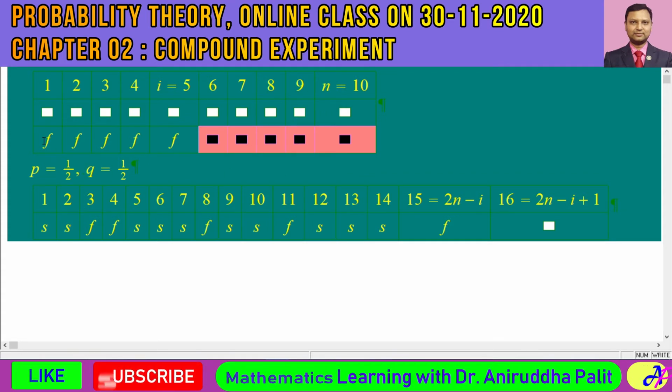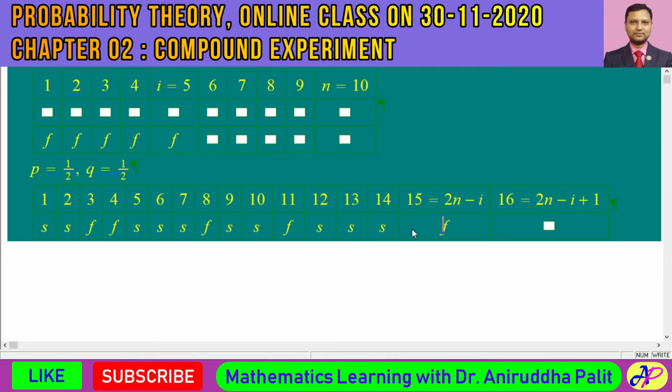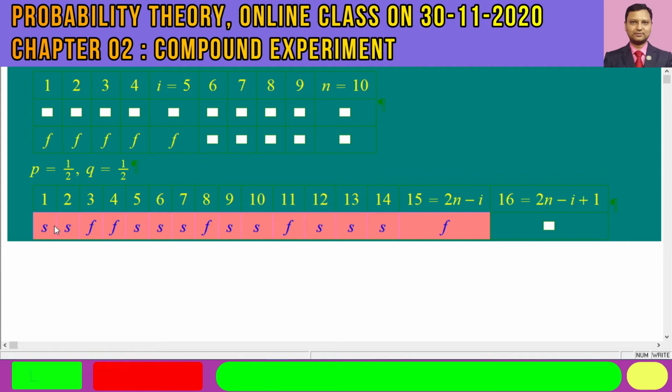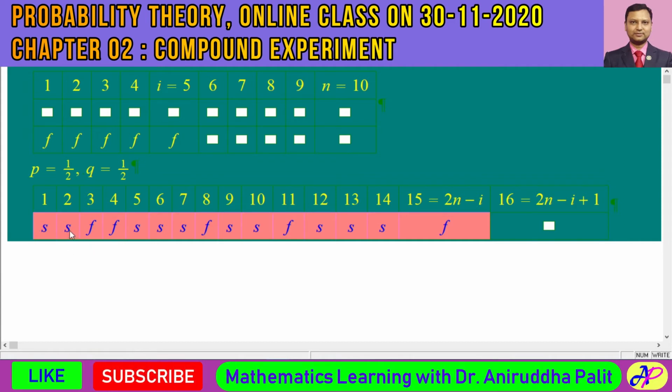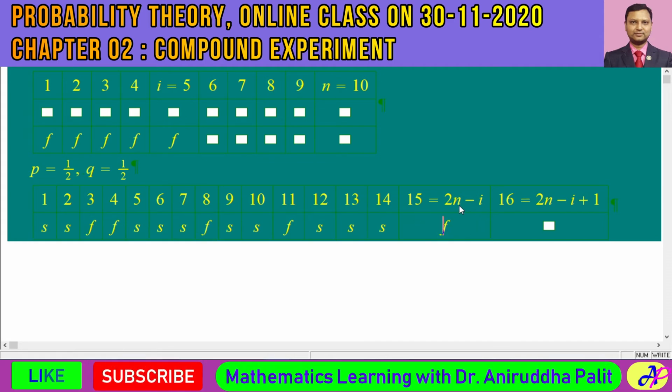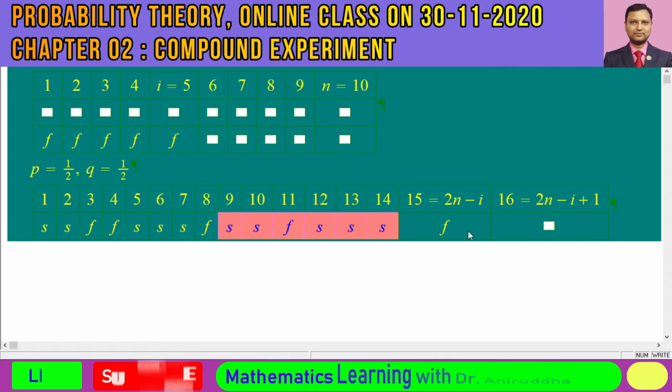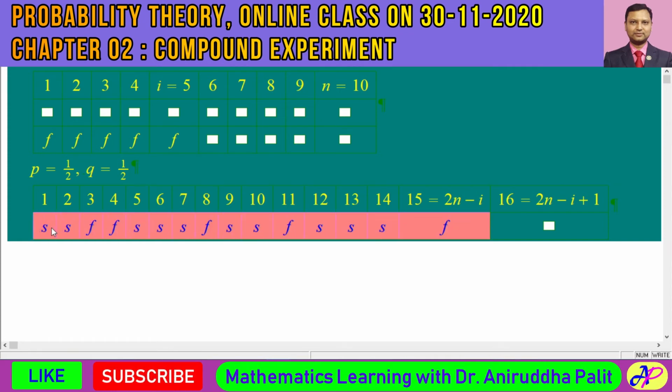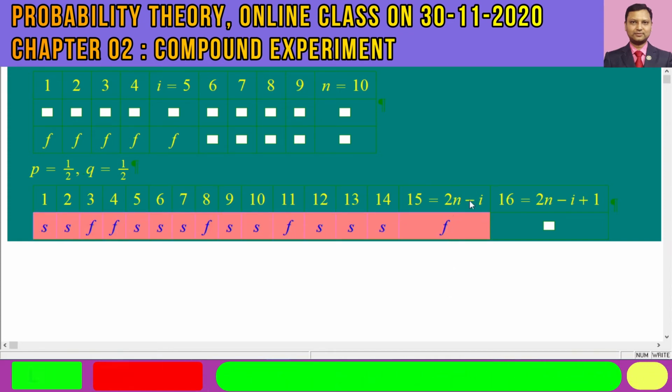Therefore, if you count, you will find that altogether n number of successes are there, and n minus i number of failures are there in this total 2n minus i number of trials.